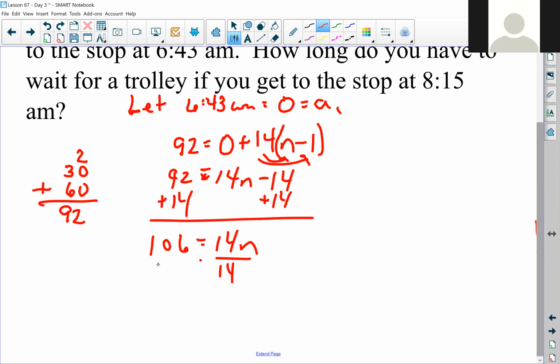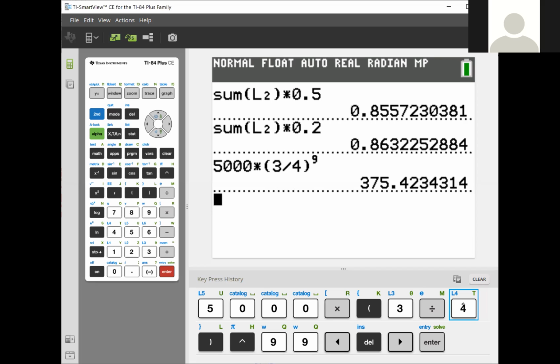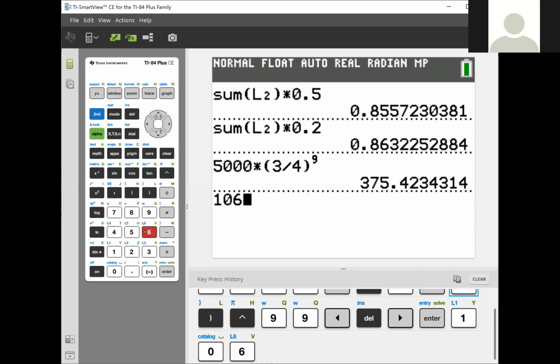Divide by 14. Now, what this will tell me is the number of stops that the trolley has made to that point at this certain intersection. So 106 divided by 14.